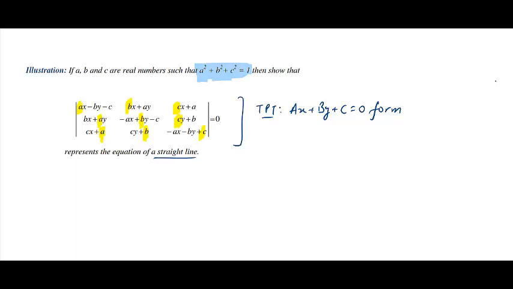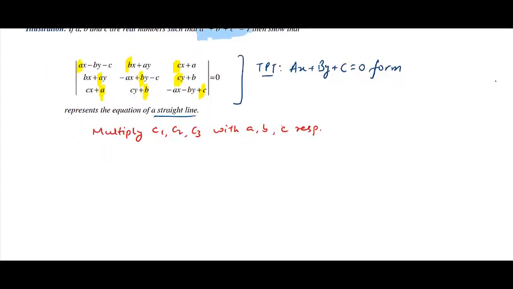So we will multiply C1, C2, C3 with A, B, C respectively. So what we are doing is we are multiplying the first column with A, the second column with B, and the third column with C, as in the previous question. And let's see what we get from here.